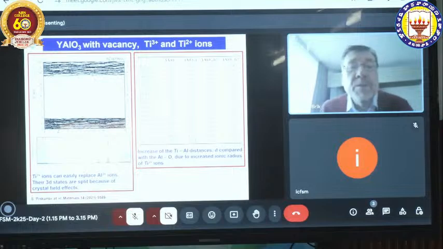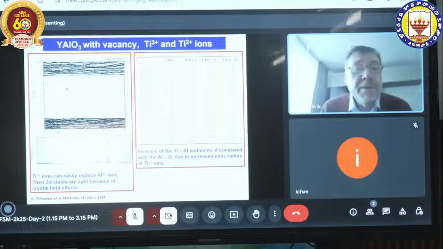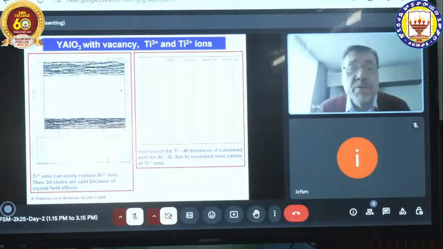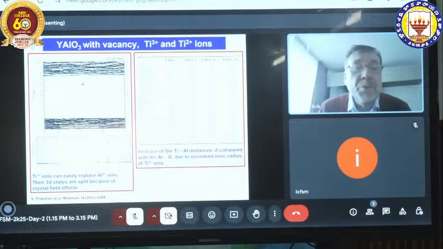It is also possible to estimate the positions of 3d levels of titanium 3+ in the band gap, because titanium 3+ has a single d electron, and those d orbitals are split into so-called t2g and eg states. So now we can get here this estimation of the ground state above the valence band top. We can have an estimation of this splitting here, 10Dq, which here appears to be about 1 electron volt.